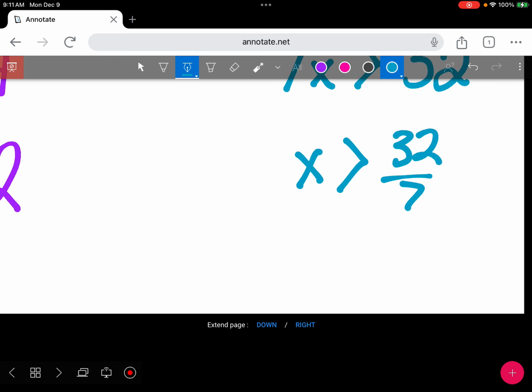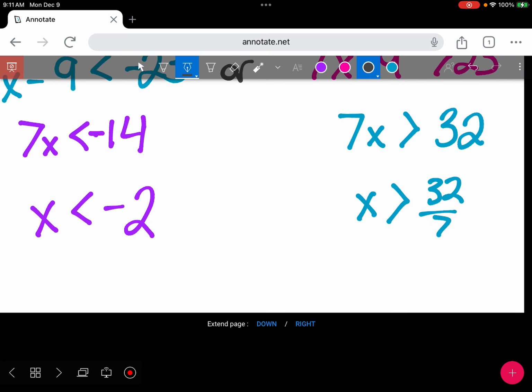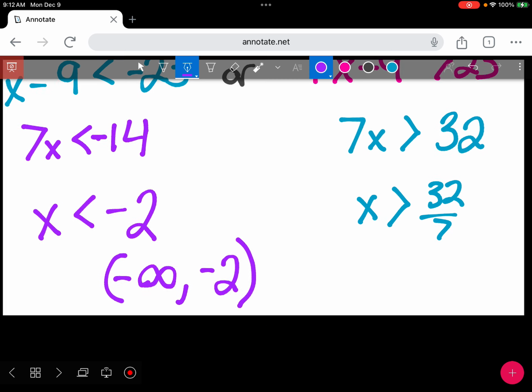So my intervals on which we have our solutions are going to be what? How do I write that x has to be less than negative 2 as an interval? From negative infinity to negative 2. And we use a parenthesis because we're not equal to.